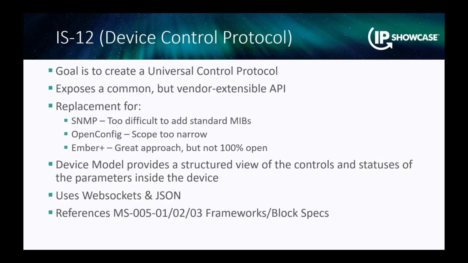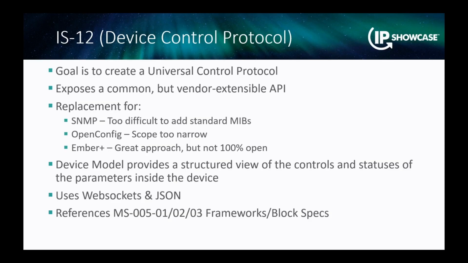So here's kind of where this is all going long term: IS-12. How do I go beyond just informing switching and be able to actually control a device? Because you've got now one API. It's nice that it's one common API for switching, but every device I need to talk to, my control system needs a driver for.